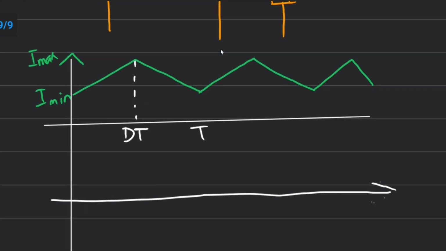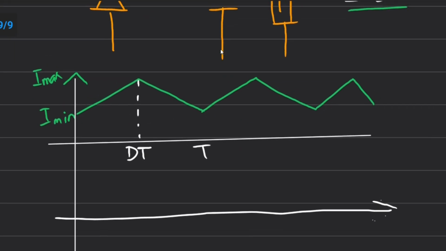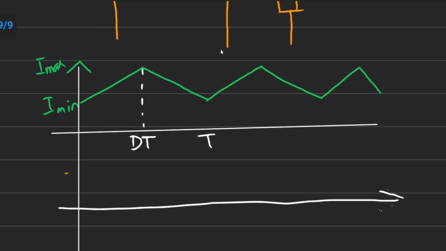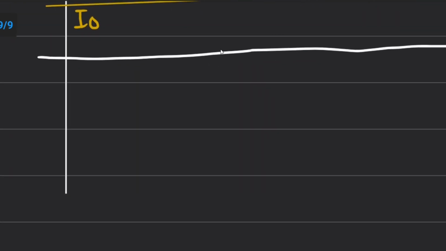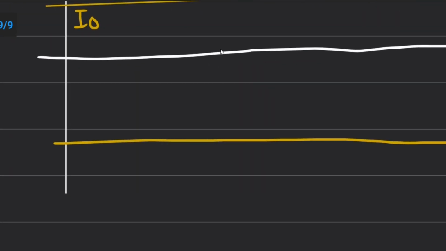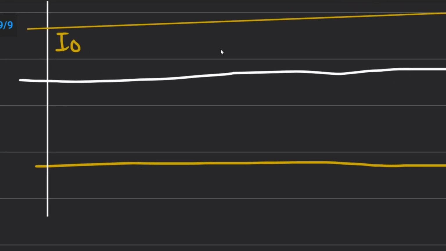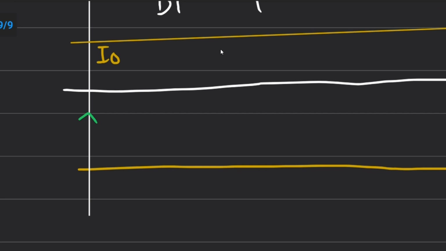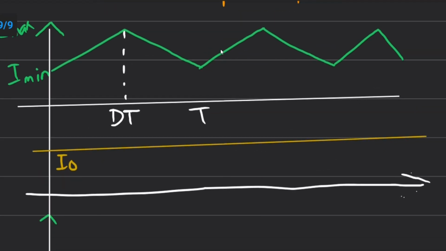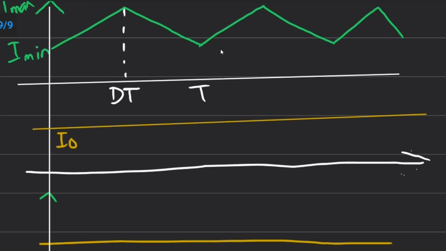If we split the inductor current into two parts, first is the average current, let's say this is I naught, and second will be the ripple current, that means the capacitor current. So I max and I minimum will be shifted by I naught in the downward direction.